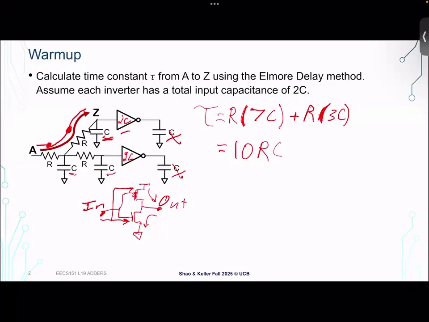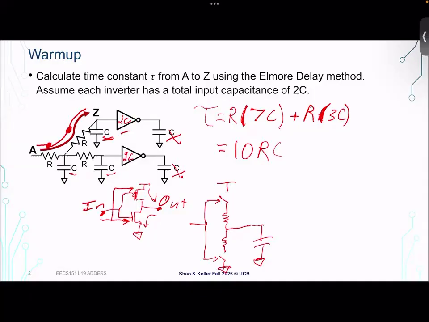Yeah, so, oops. Let me redraw the transistor here, but using our switch model, right?